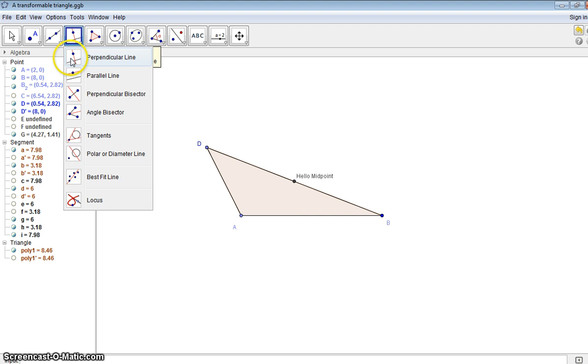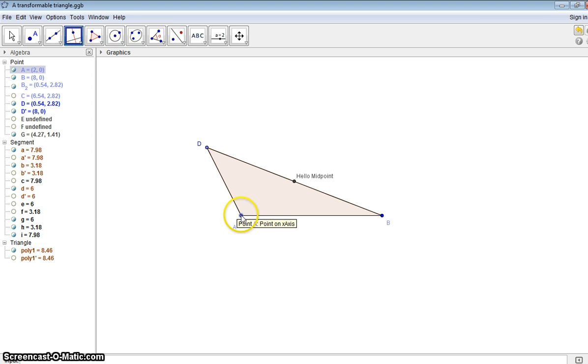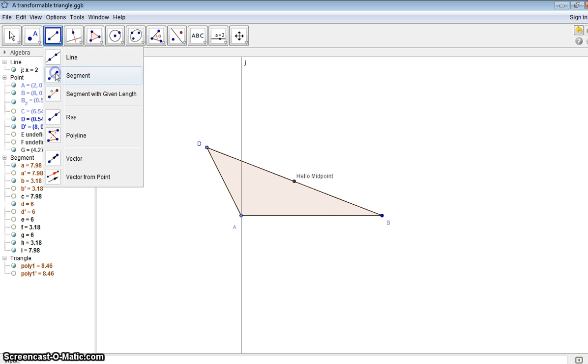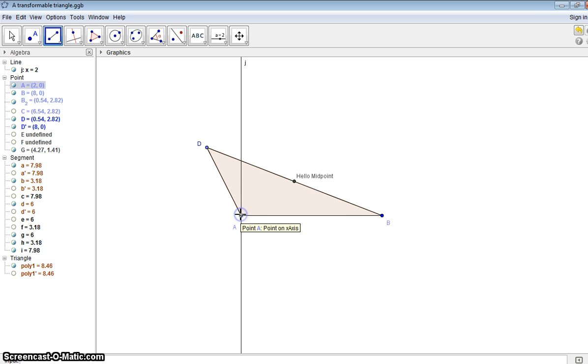So I'm going to take the perpendicular line tool through point A, perpendicular to AB, so that I can create the kind of triangle that I would actually need to create a rhombus.